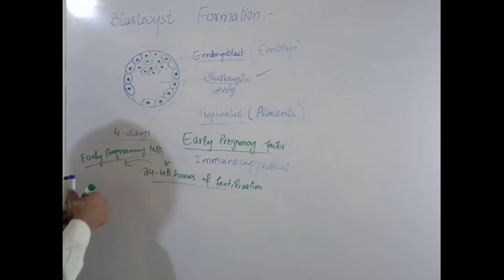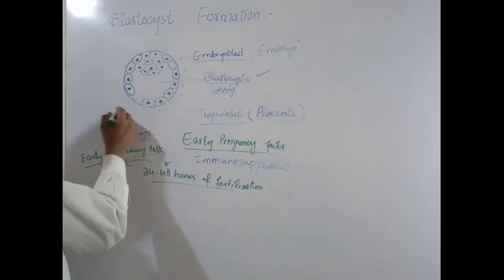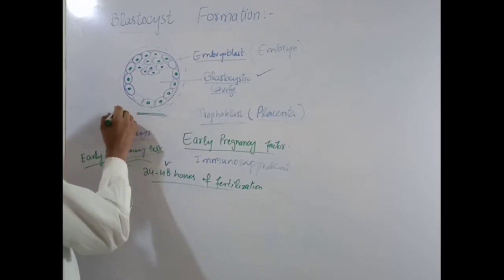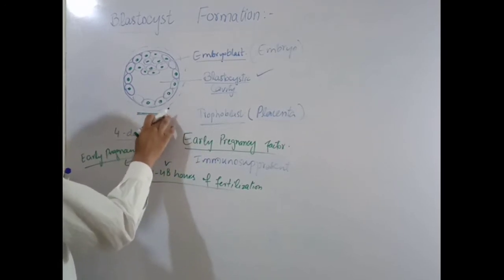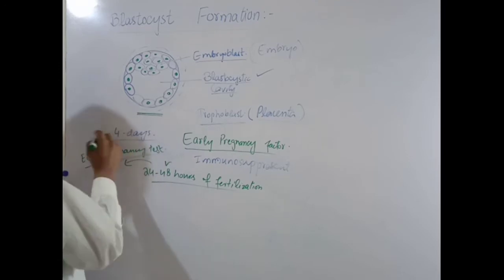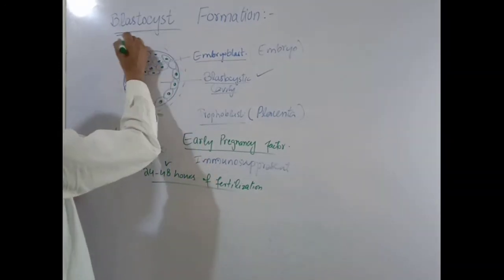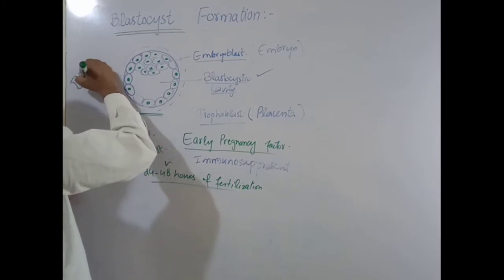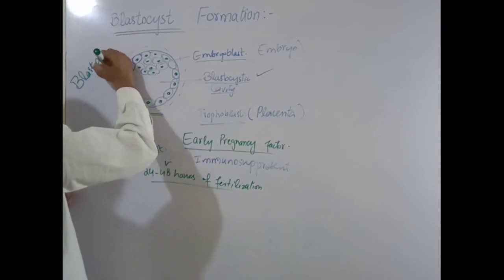During this stage, when the zygote has attached to the uterus, it is called the conceptus. The conceptus is called the blastocyst, and the process is called blastogenesis.